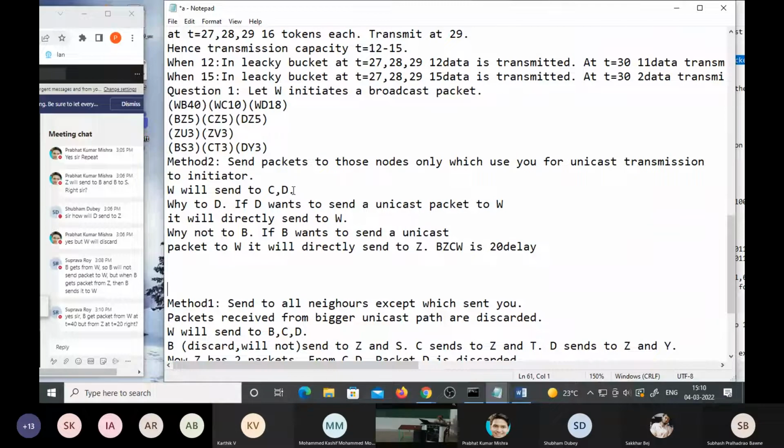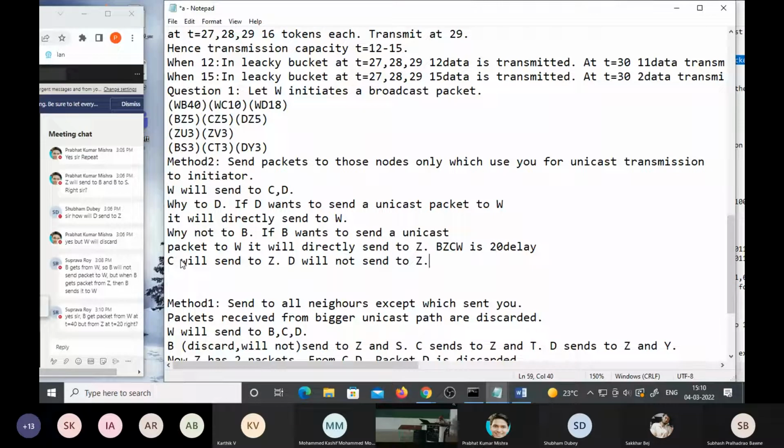W will send to C and D, but W will not send to B. Okay. C will send to Z. B will not send to Z. Why?